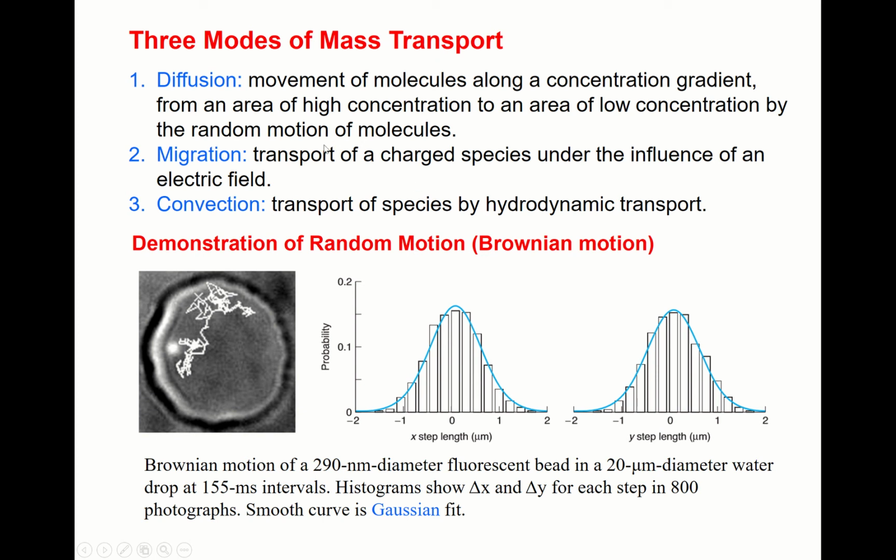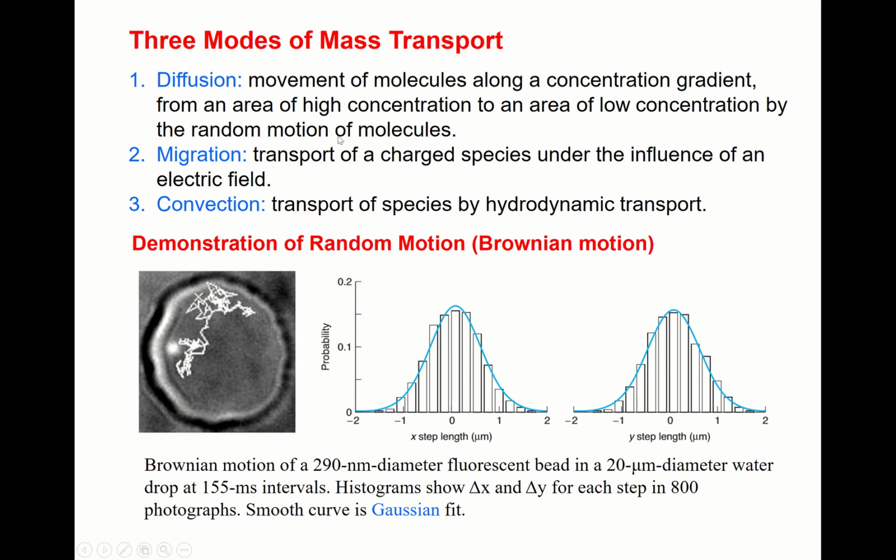There are three modes of mass transport, and you must memorize them. The first one is diffusion. Diffusion is the movement of molecules along a concentration gradient. The driving force of diffusion is the concentration gradient.